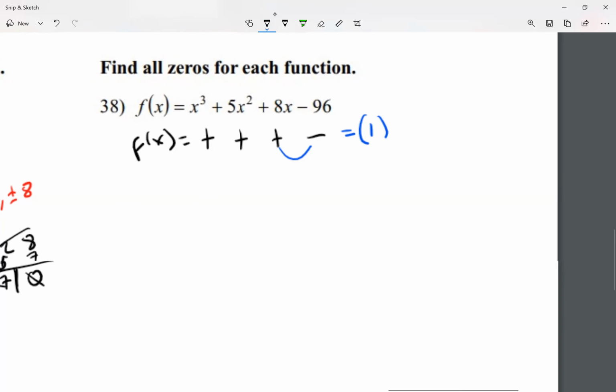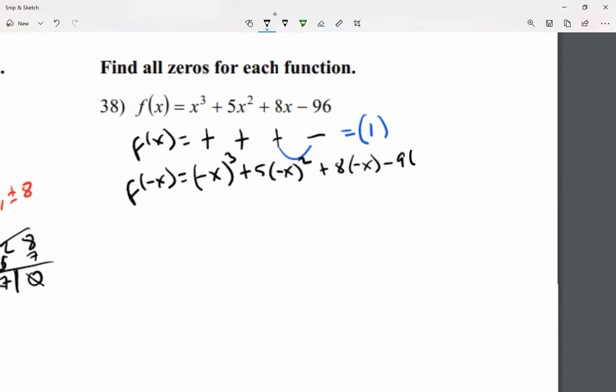Now let me look at f of negative x. So let me write this as negative x to the third plus 5 times negative x to the second plus 8 times negative x minus 96. So this is negative x to the third plus 5x squared.